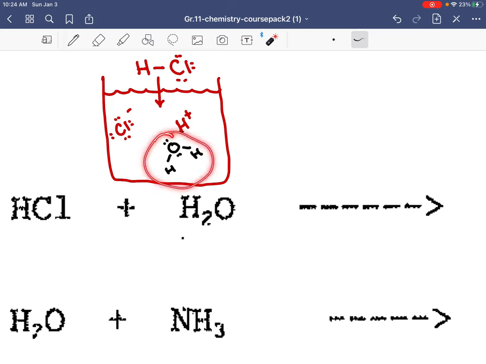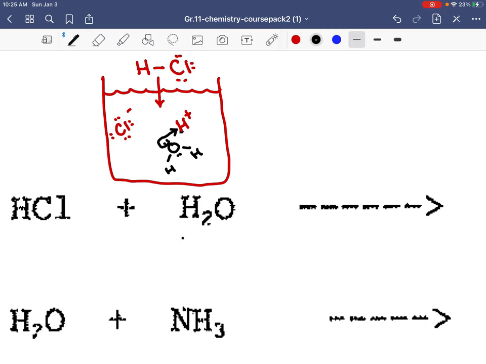H2O will say, man, poor H plus. Poor you, the fact that you're standing right here all unstable and stuff. I'm gonna take you in. Just like these H's right here who are very comfortable with me. I'm gonna take you in. I'm gonna draw you in by sharing both of these electrons with you.